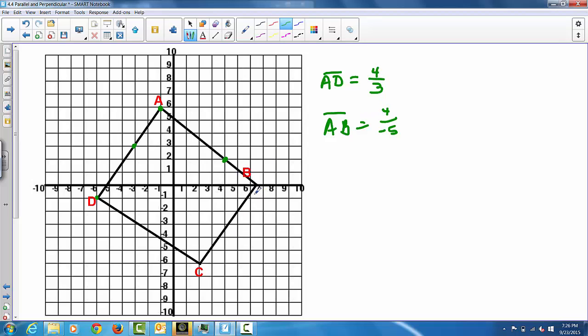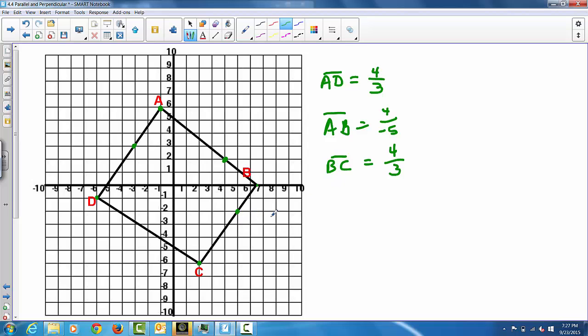Let's try this one. So now we'll start, let's see, where can we start? Right here. And the next place that it crosses is right here. So we go up 1, 2, 3, 4, and right 1, 2, 3. So BC is up 4 and right 3.